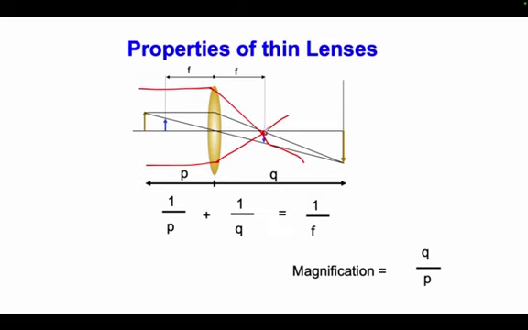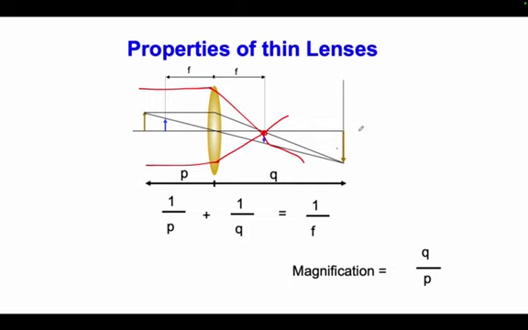But what if I don't have light rays which are coming from infinity? What if I have an object here? It is beyond the focal point, but I have some object over here. What happens is that the rays from this object pass through the lens and form this magnified image over here on the other side of the lens.